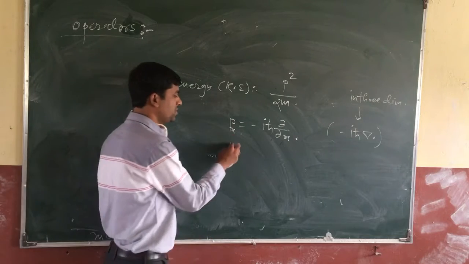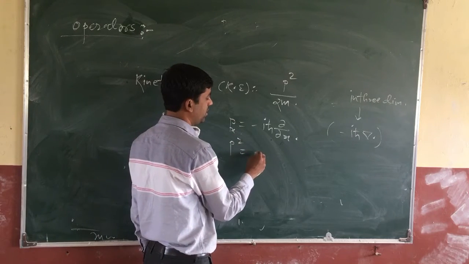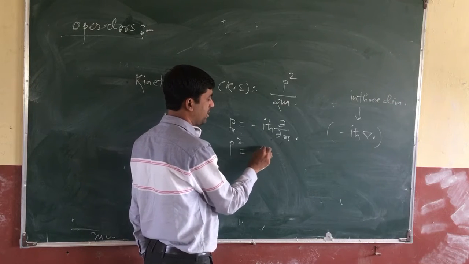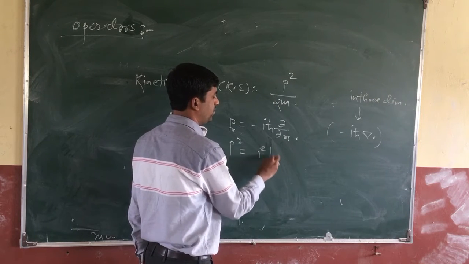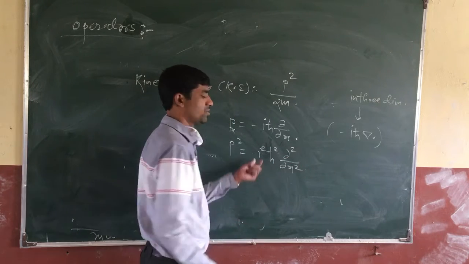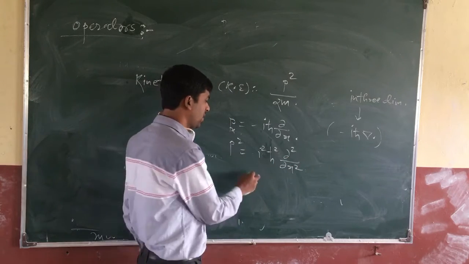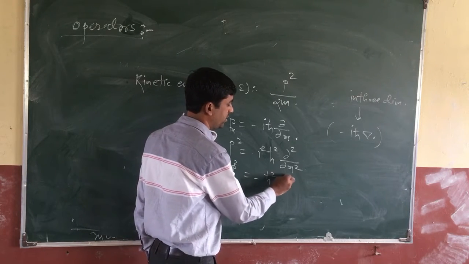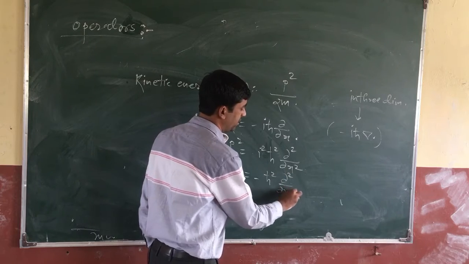So what is P square then? P square will be minus squared, which is plus, i square, h cross square, d square divided by dx square. What is the value of i square? That is minus 1. So P square is equal to minus h cross square d square divided by dx square.